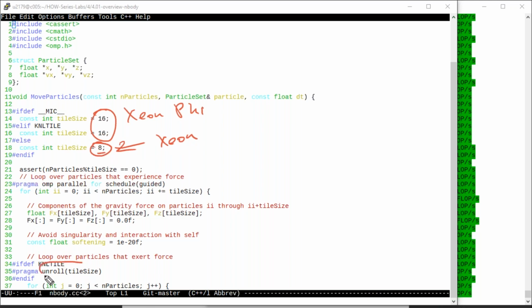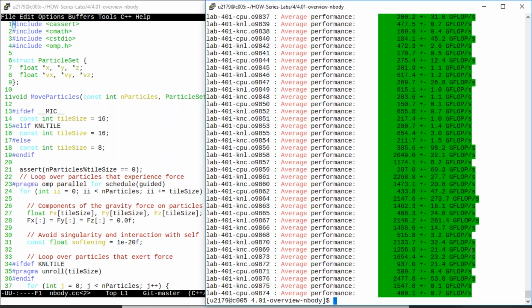Something else that I do is for Knight's Landing, I do loop unroll. I don't want to go into this right now, but I think what happens there is I just reduce the loop control overhead, possibly using more of the register file.